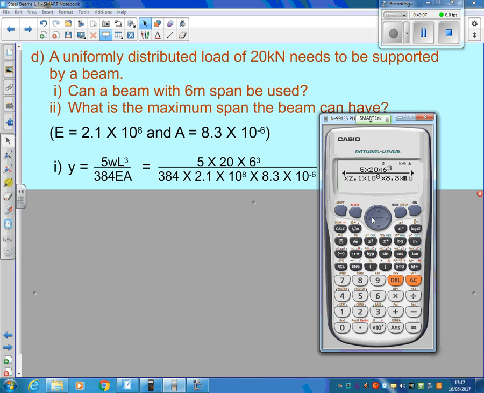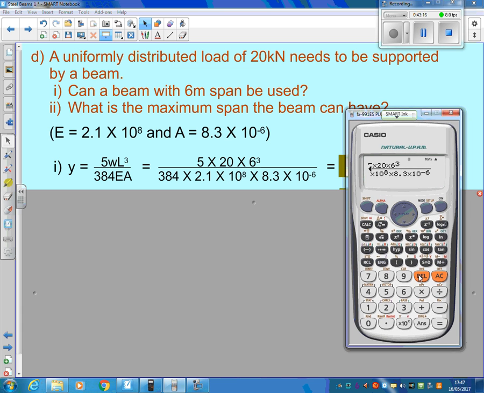Check it all, always check it all. Does it look right? It does to me. I hope it's right. Move across to the end there, and I want to know what that equals.